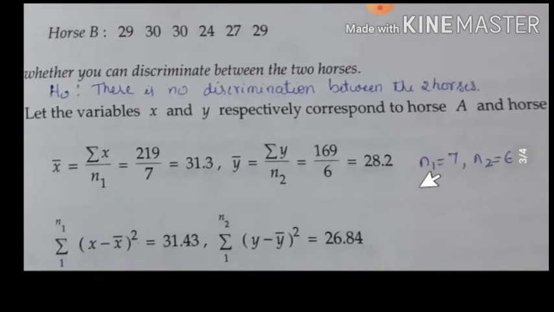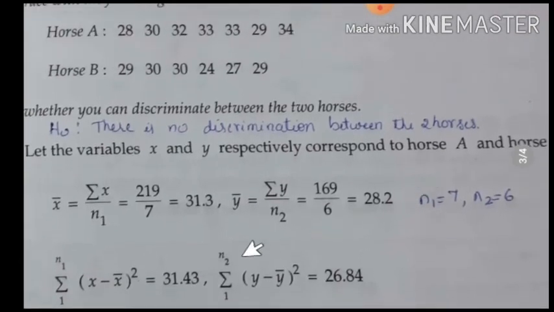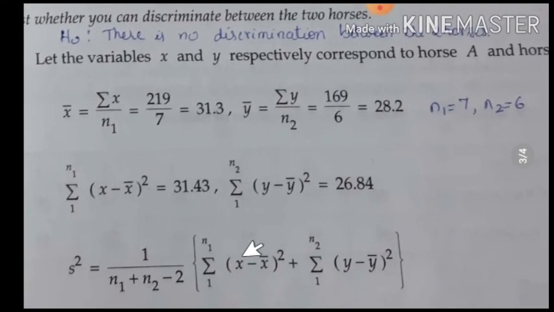Similarly, calculate the standard deviation: summation of x minus x bar whole square plus summation of y minus y bar whole square, divided by n1 plus n2 minus 2. So separately the summations of x minus x bar and y minus y bar are calculated. Use the calculator to do this calculation.